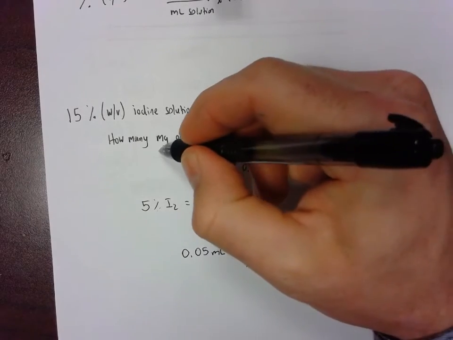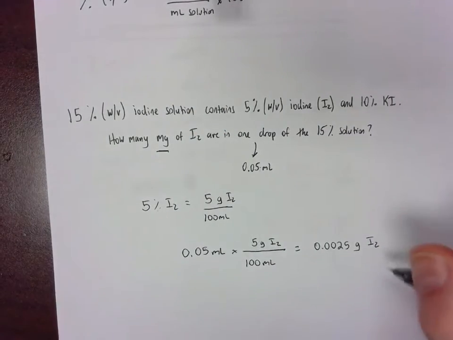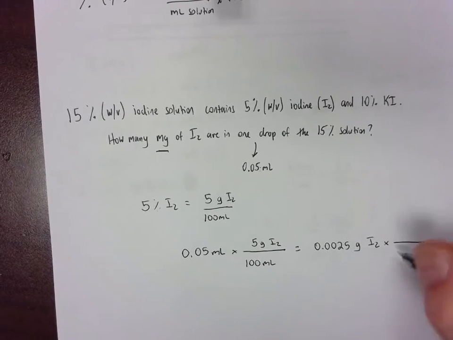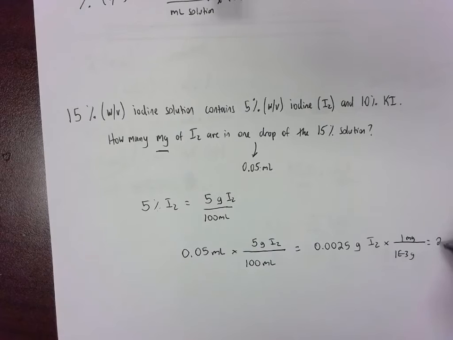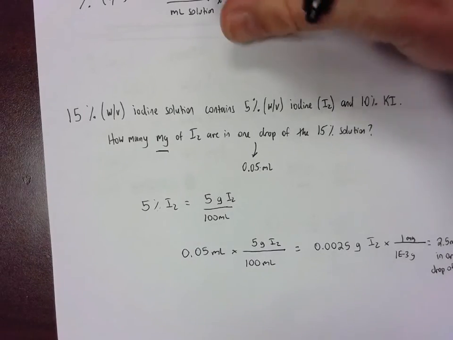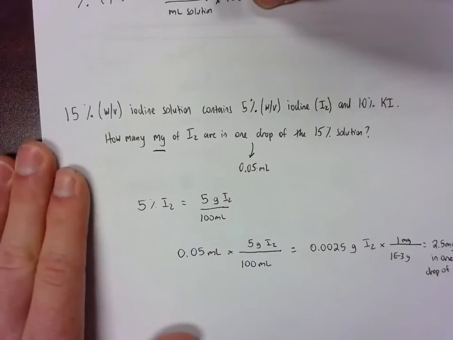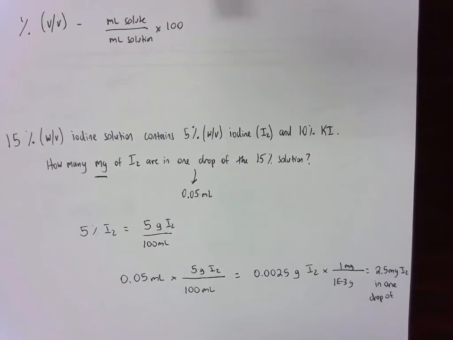Now the question asked me for milligrams, so I need to convert this to milligrams. There's 1e to the negative 3 grams and 1 milligram. So I'm going to basically move this 3 places, so it's 2.5 milligrams of I2 in one drop of the 15% solution.